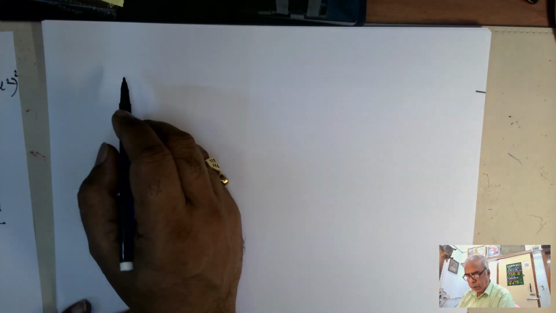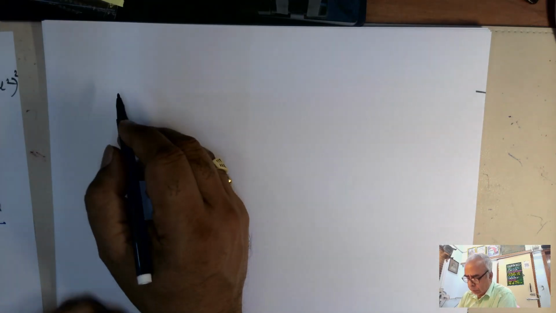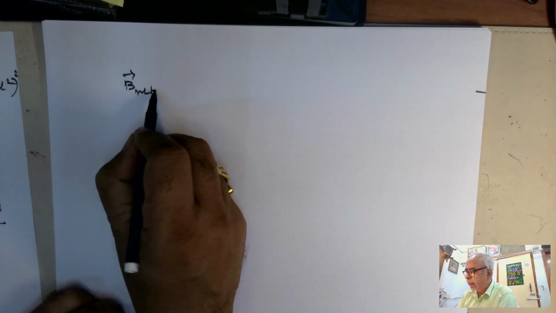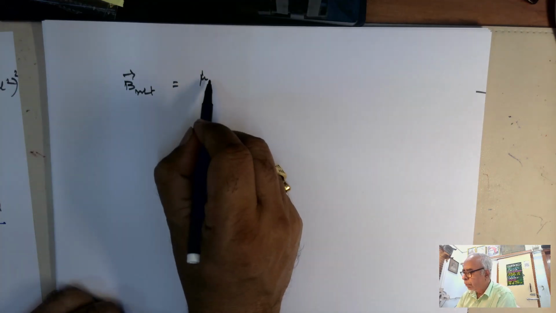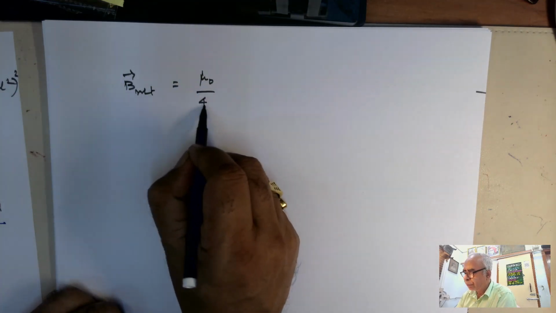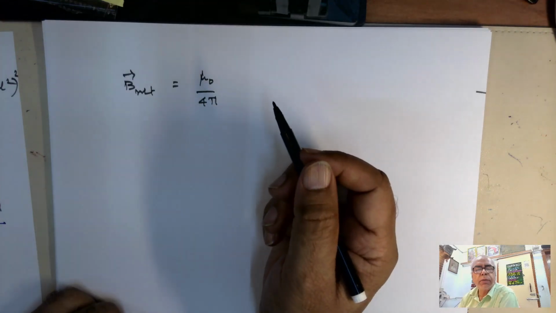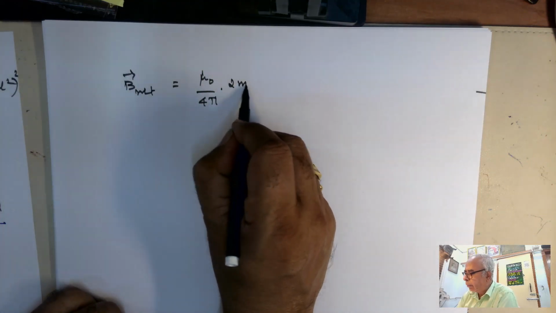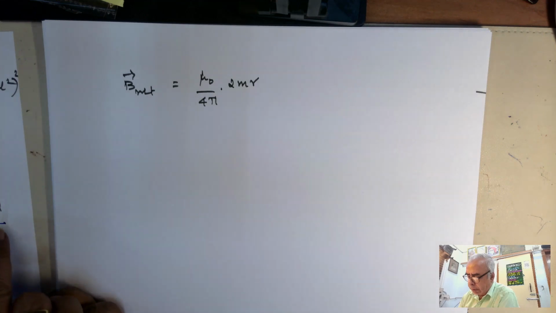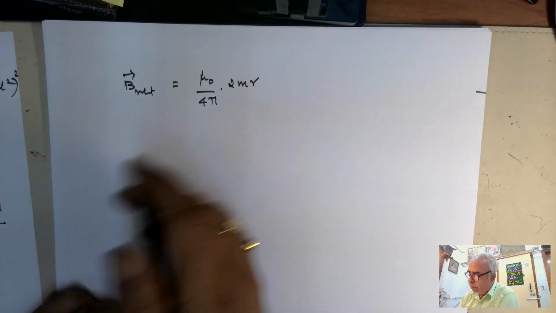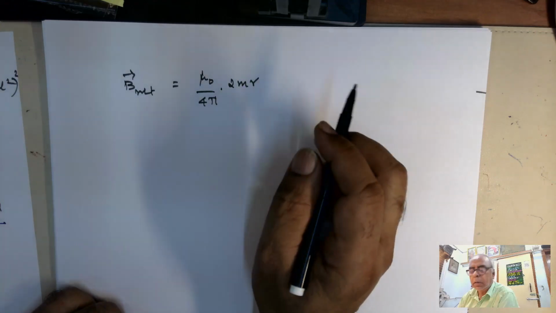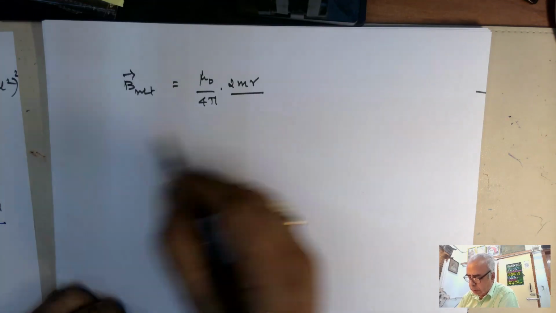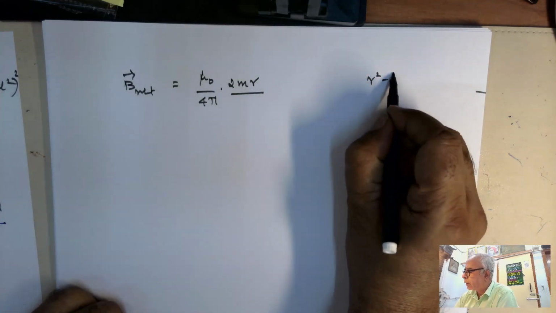So in that case, you can ignore the L so that it becomes net magnetic field vector is equal to mu naught divided by 4 pi into 2mr divided by 4 pi into (r squared minus l squared) whole squared.